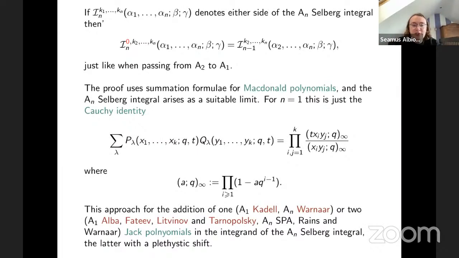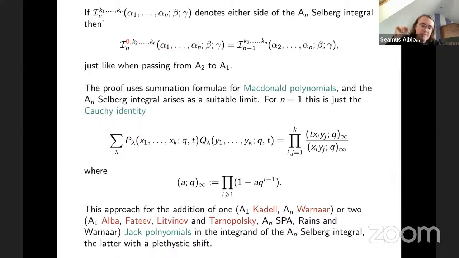So we've already mentioned the Cauchy identity, but the Cauchy identity for Macdonald polynomials is really what hides behind the proof which gives one proof of the Selberg integral. And so Warnaar used these A_N type Cauchy identities to prove the A_N Selberg integral.